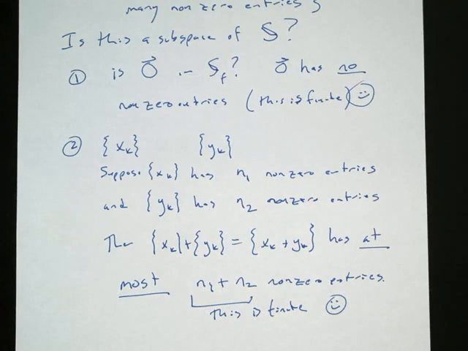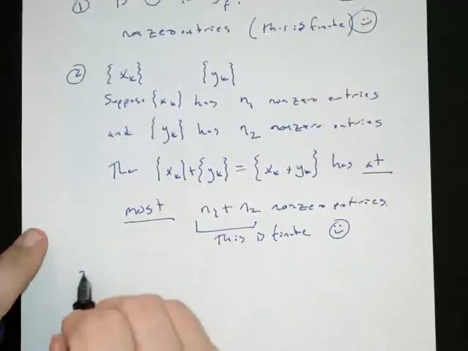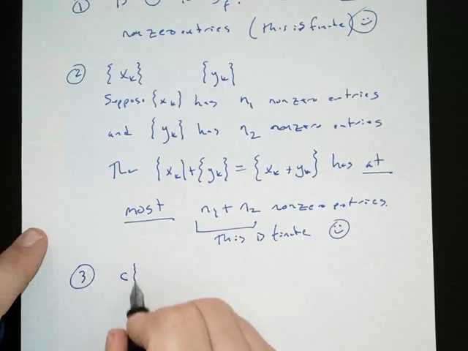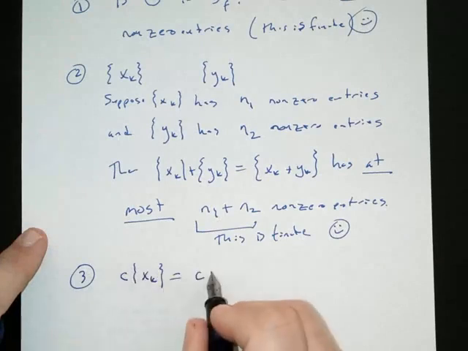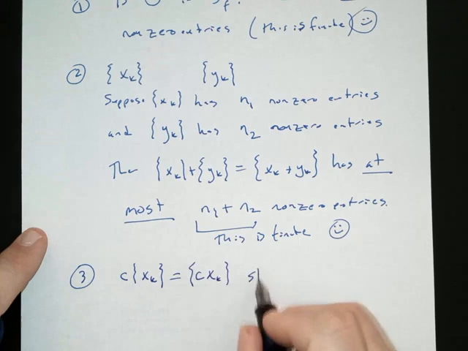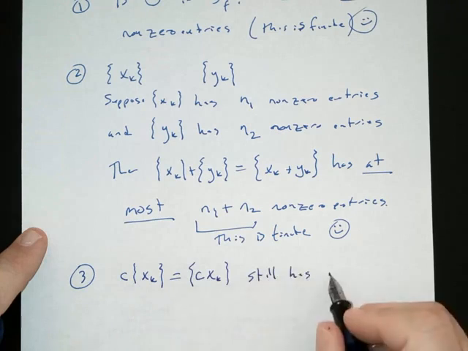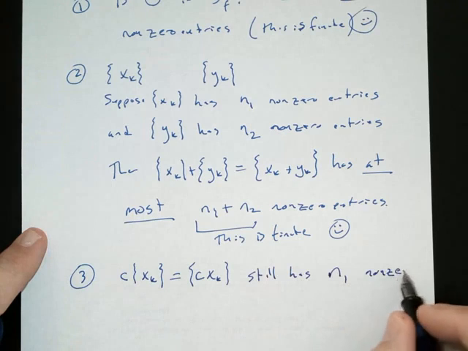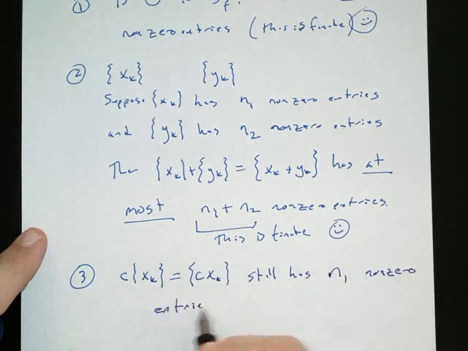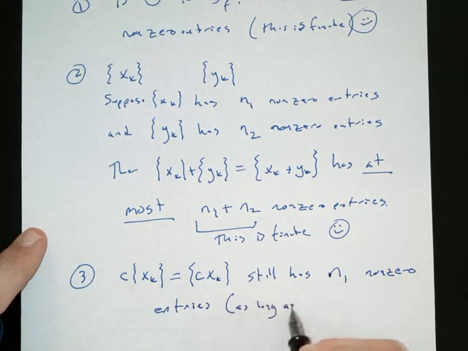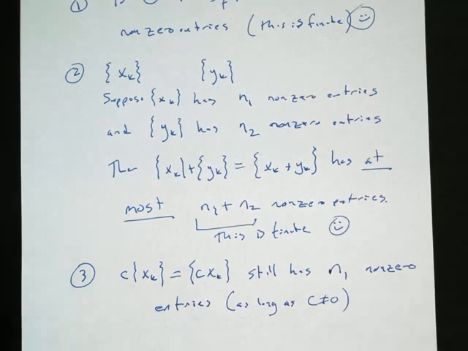They're still not 0, and that still means the number of them hasn't changed. And if n1 was finite to start with, it's still finite now. That's check mark, smiley face number 3.